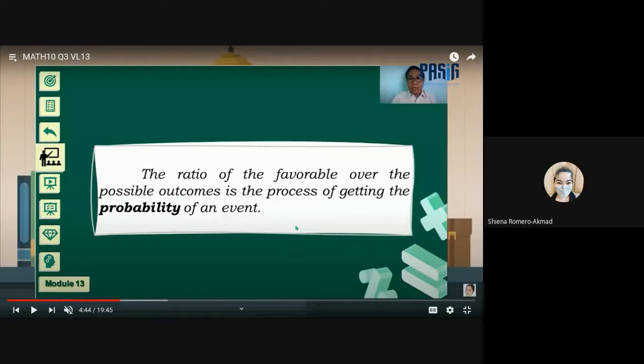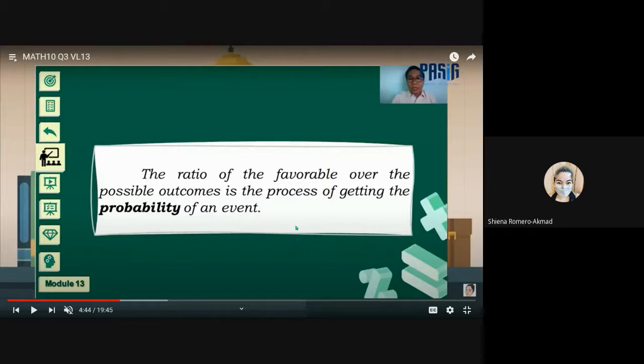Ulitin ko ha. Kapag hindi mangyayari yung isang event, 0. Kapag mangyayari, in percentage, that's 100%, diba? Pero ang tinatanong ko is yung number. 1. Correct. So kapag hindi mangyayari, 0. Kung mangyayari, 1.